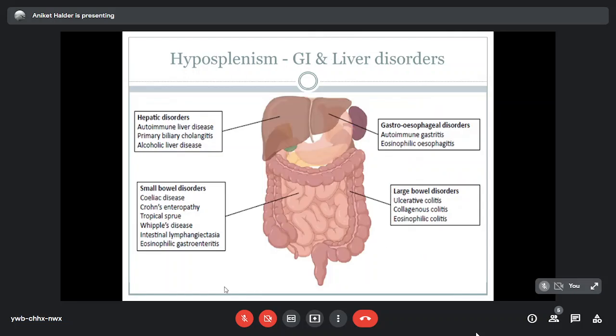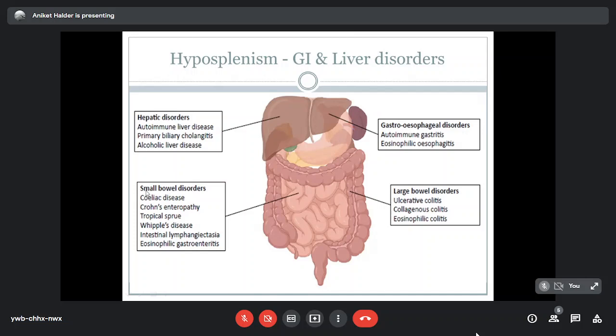So, hyposplenism in GI and liver disorders. This is also well studied, and numerous articles are available on the presence of hyposplenism in different GI disorders, mainly celiac disease and inflammatory bowel diseases. Hyposplenism can be seen in different hepatic disorders, as I said, autoimmune liver diseases, primary biliary cholangitis, and alcoholic liver diseases.